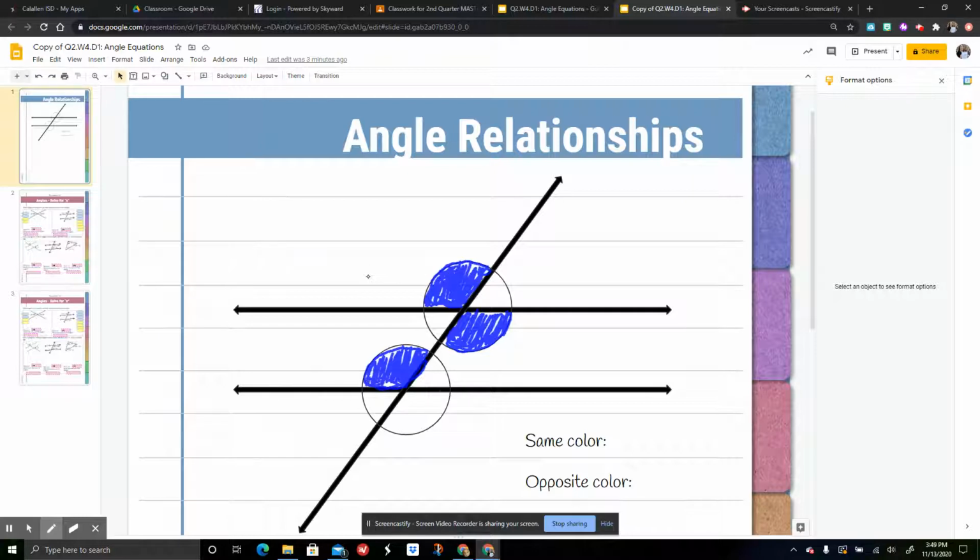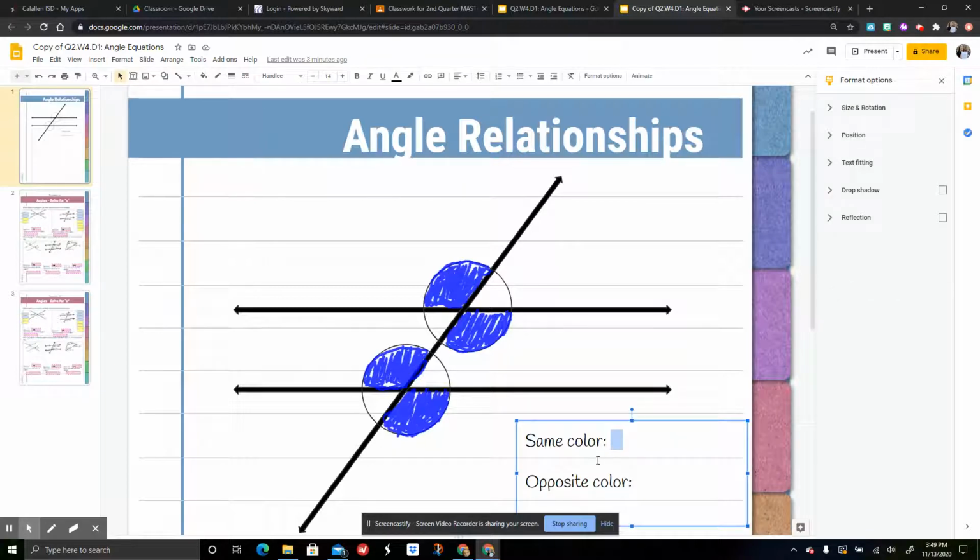This shading makes it very easy to remember how to find those missing angles. If they give you one angle measure, and they ask you to find the rest of the angles in this diagram, if you pay attention to the shading, it will give you a clue as to what they are. If they're shaded the same color, all of those angles have the same measurement.